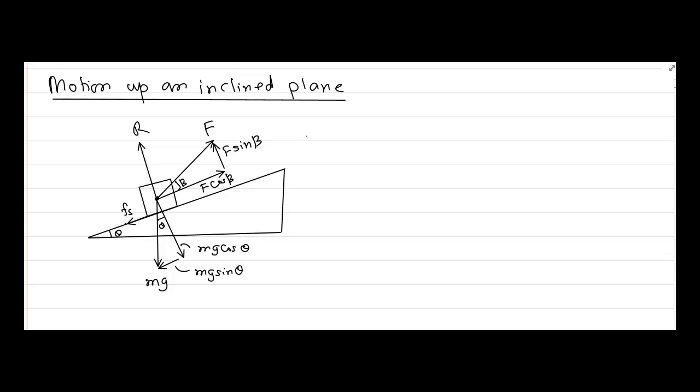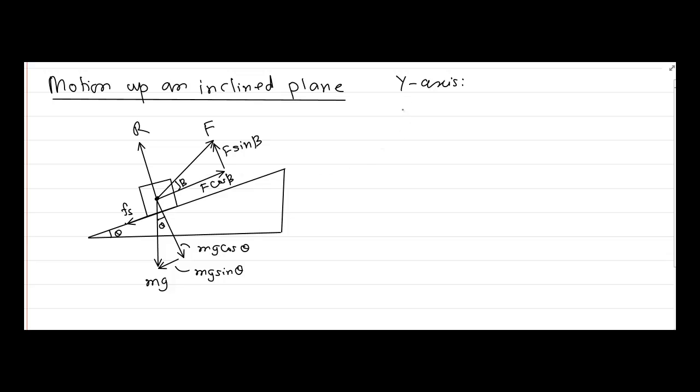And now if you take equilibrium along the y-axis and the x-axis, let's say we look at equilibrium along the y-axis. That means the object is on the verge of moving in the upward direction, so it is in equilibrium. All the forces are equal to each other if you consider the directions.